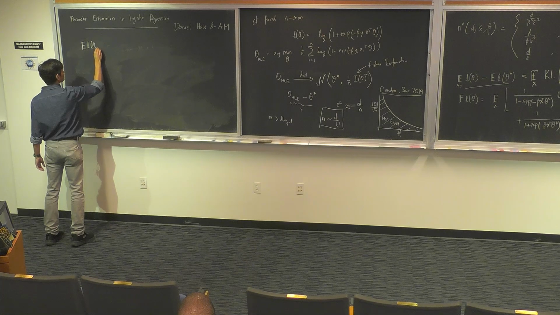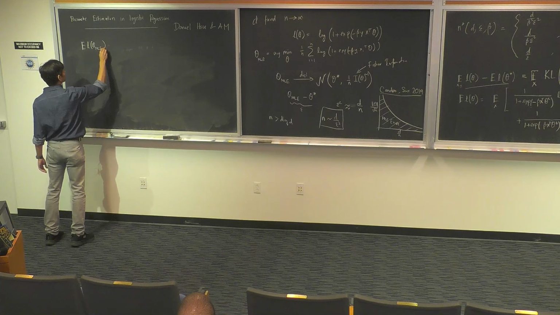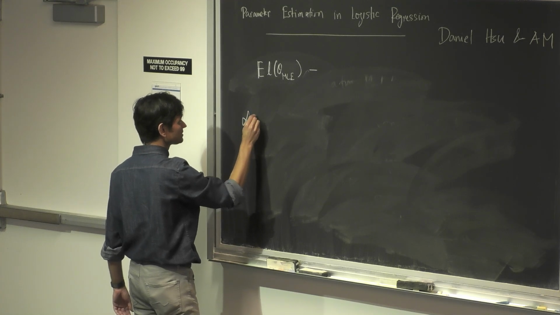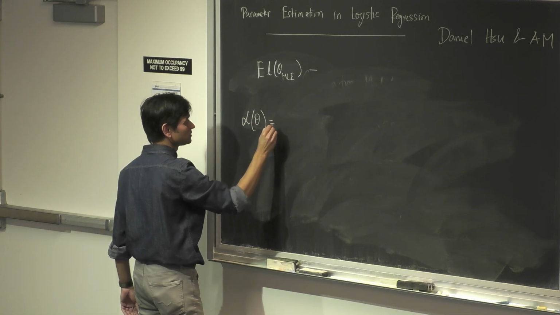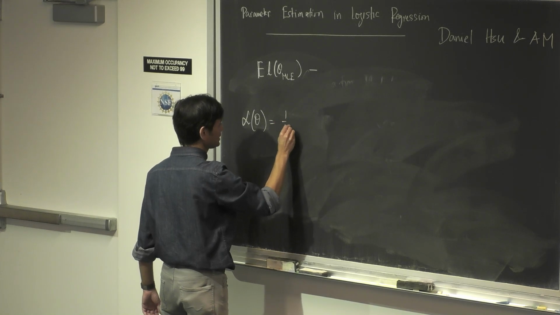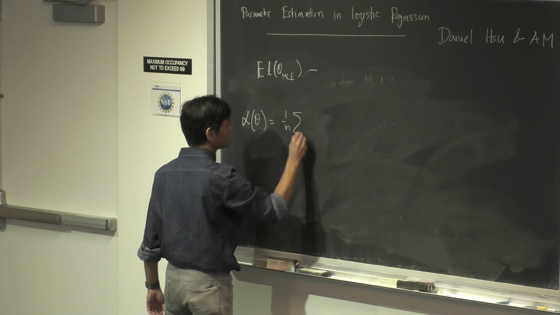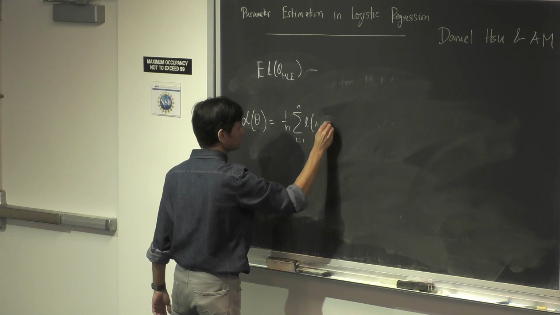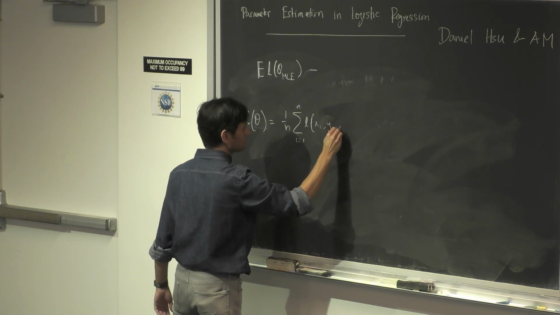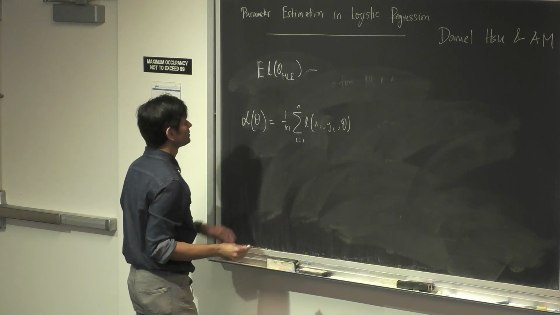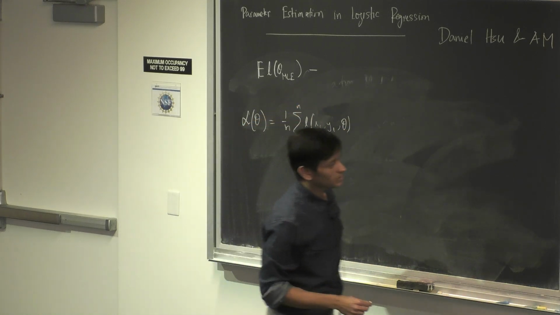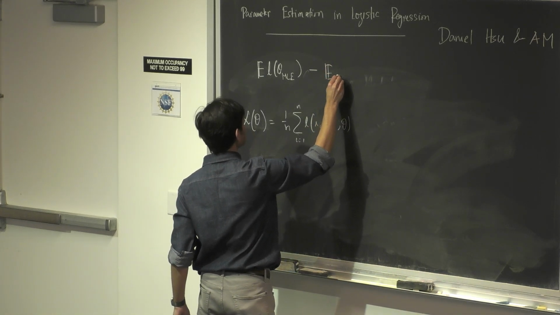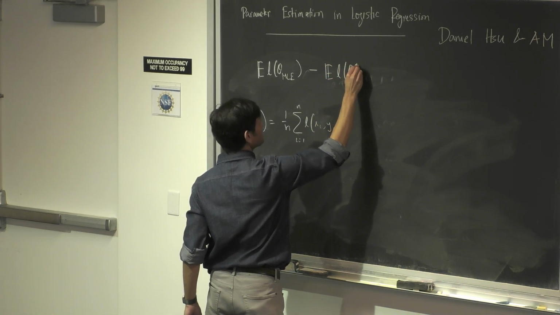I have theta MLE, expectation of theta MLE, minus, let me just say that this L of theta equals 1 over n, sum over i going from 1 to n, little l of xi, yi, theta, right? So that quantity over here, I can try to break it. I am trying to calculate expectation of L theta star.